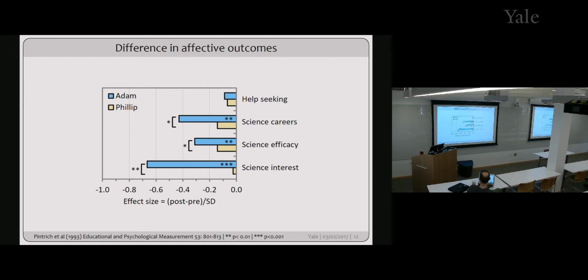Whereas in Philip's section, there's basically no change from the beginning to the end of the course. It's important to note that we know from the literature that when students take introductory STEM courses in college, their interest and motivation decrease. So the fact that there's no change is actually quite a significant achievement. It's sad, but it's an achievement.